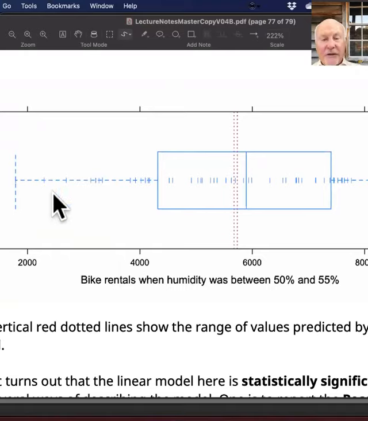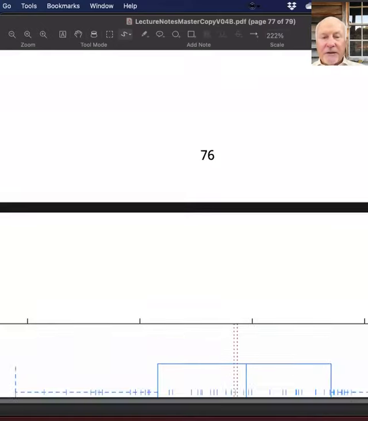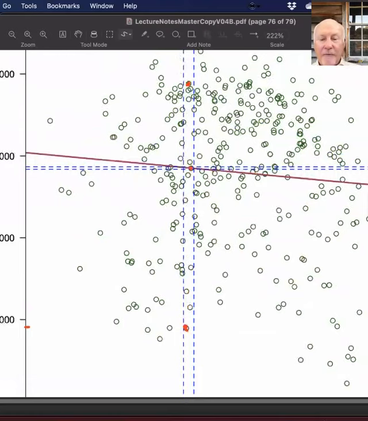You can see when the humidity is between 50 and 55%, in that one year time period, you've had bike rentals of between about 1,900 and well over 8,000, probably close to 9,000 there. So this single line model is not doing a very good job of prediction.